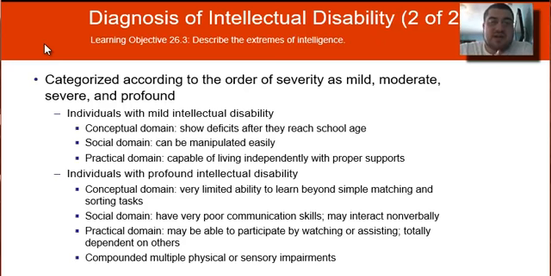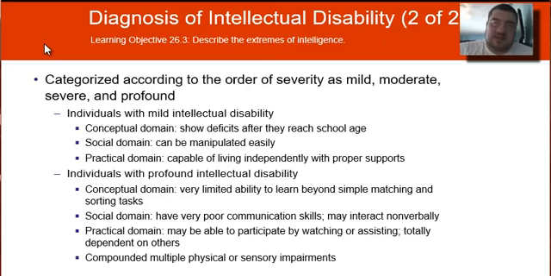So just to give you an example, individuals with a mild intellectual disability may show deficits as they reach school age. They can be manipulated very easily, but people with mild intellectual disability are able to live on their own if they have proper supports when they're older.